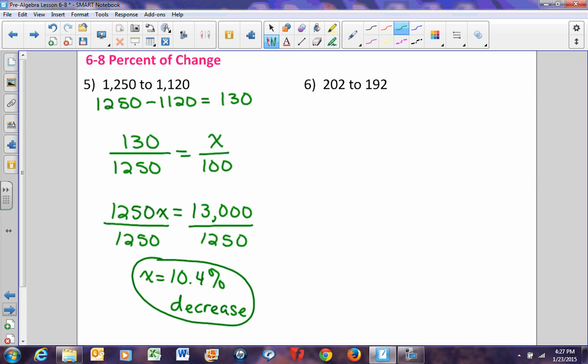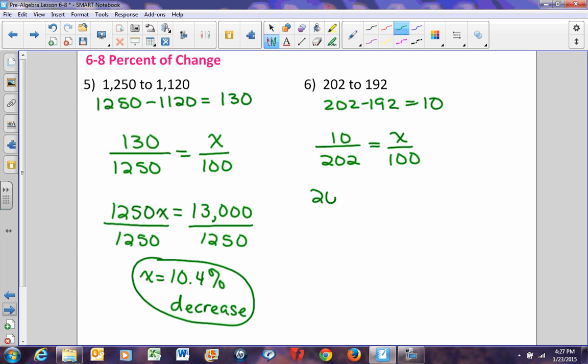Last example, 202 to 192. We take 202 and subtract 192, and we get 10. So the amount of change is 10 over my original amount, which is 202. That's going to equal x over 100.